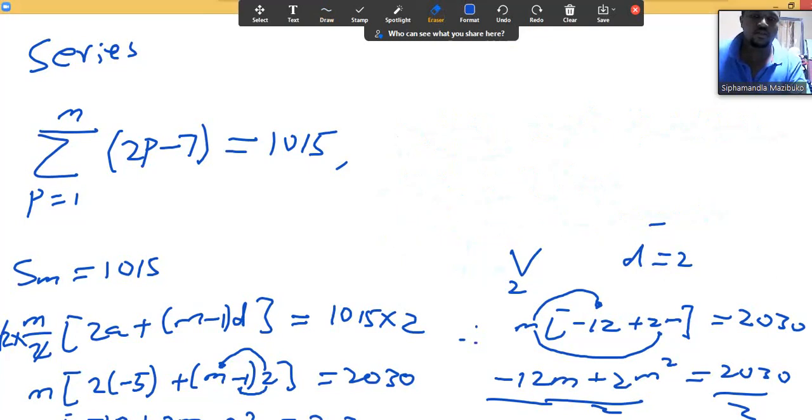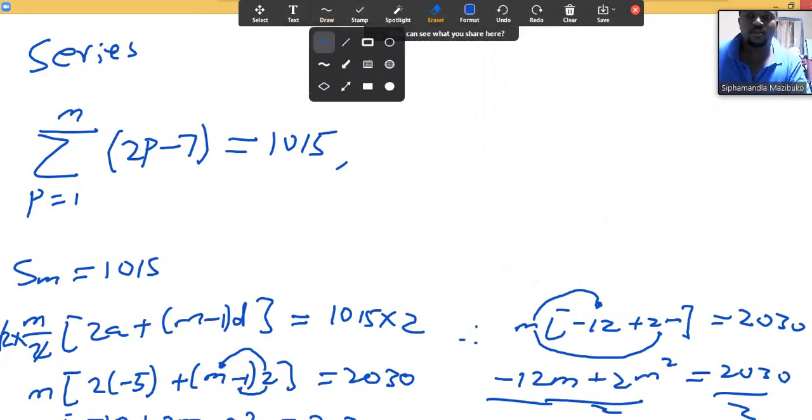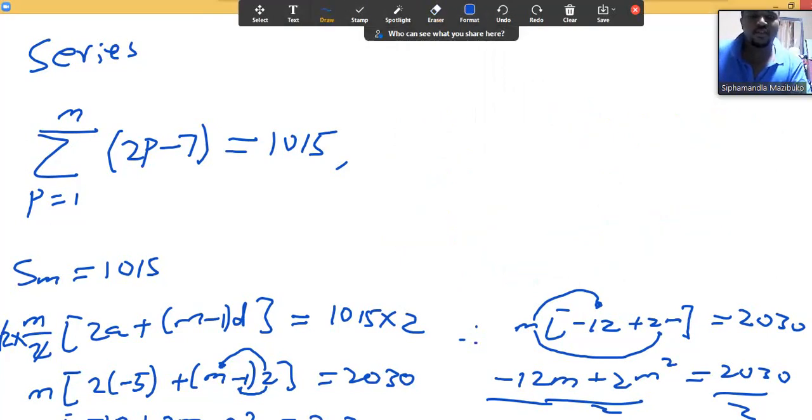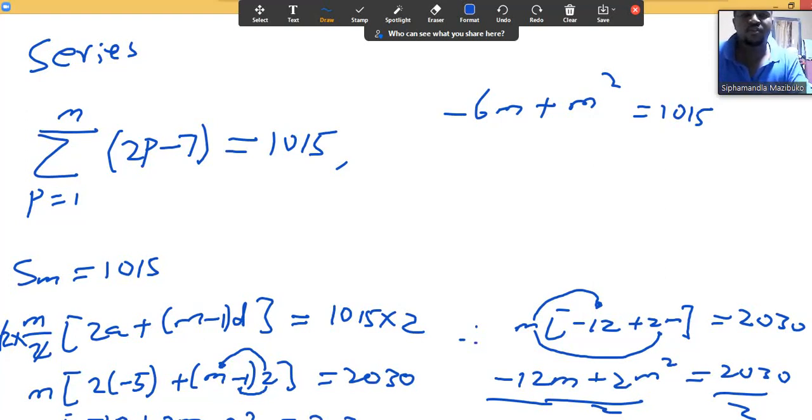We know what is our a, we know what is our d. If you divide by 2, minus 12 divided by 2 would be minus 6m, plus m squared is equal to, dividing that by 2, it should go back to 1015. So we need to rearrange it.